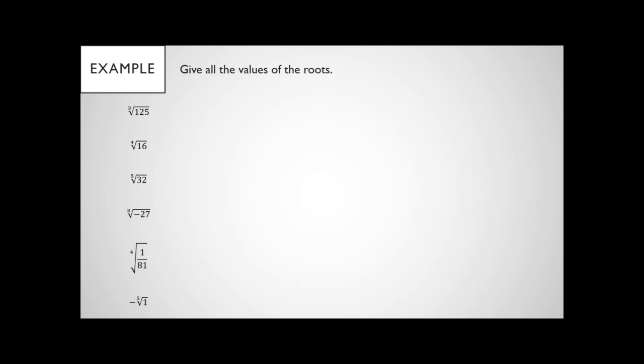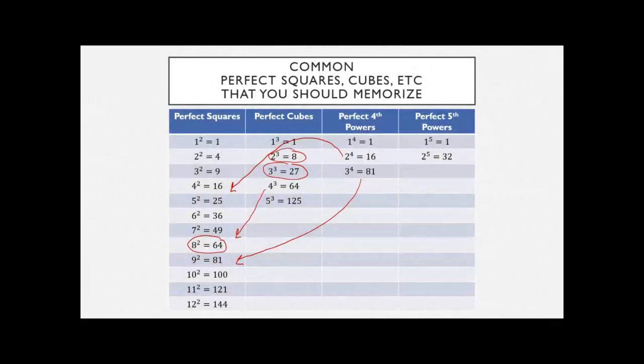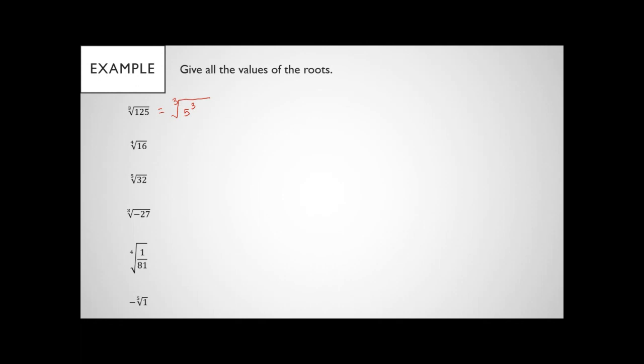So the cube root of 125. When I see something like this and it's not a square root, I usually will rewrite it in its exponent form. So I'll go back to that list. 125 is 5 cubed, so I'm going to rewrite it in exponent form. And then the key here is that if you've got the same number outside as you have on the inside, those basically completely cancel out.